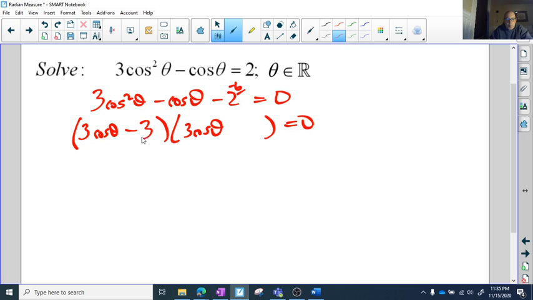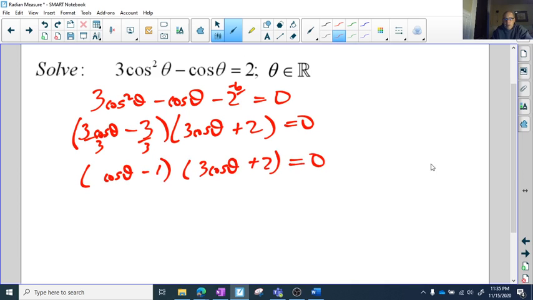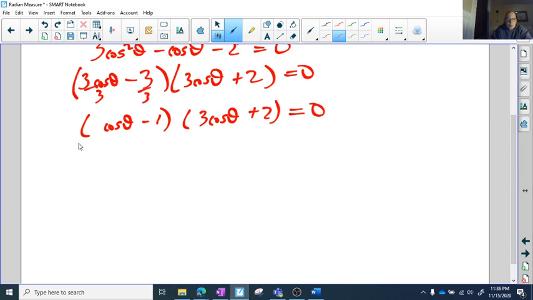So we said the numbers would be minus 3 and plus 2. Divide this one by 3. So we're down to cosine of theta minus 1 and 3 cos theta plus 2 equals 0, giving me cos theta equals 1 or cos theta equals negative 2/3.